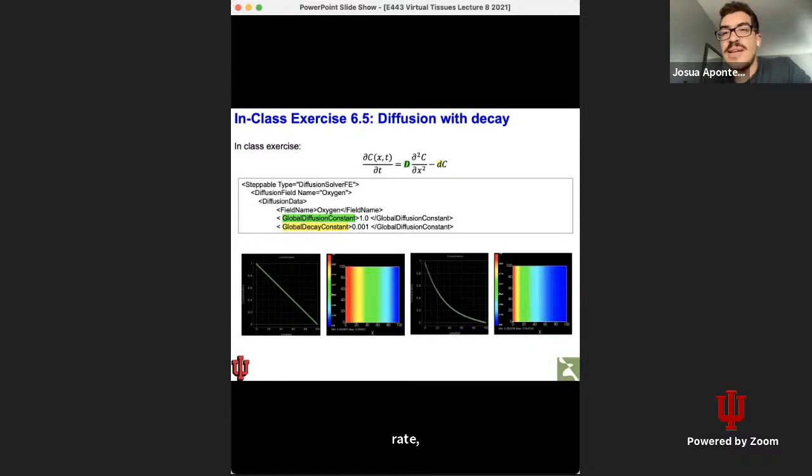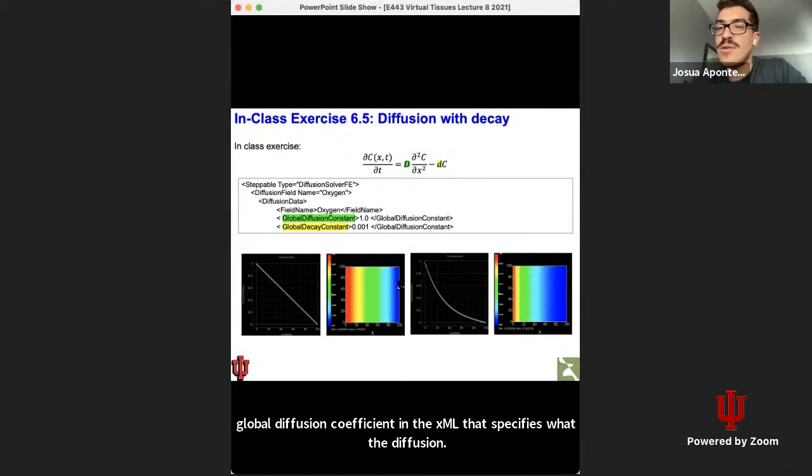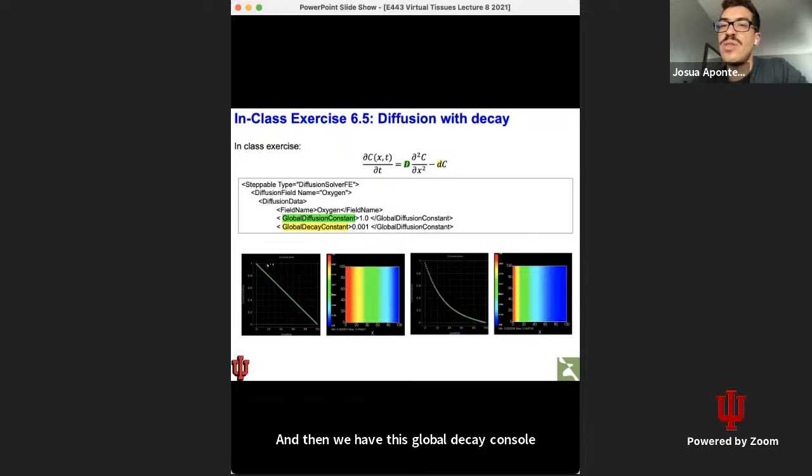Then we implemented this diffusion with decay in CompuCell. This is quite straightforward to implement. We have this global diffusion coefficient in the XML that specifies what the diffusion coefficient is for the molecule across the simulation domain. And then we have this global decay constant that specifies what the decay rate for the molecule is across the simulation domain.